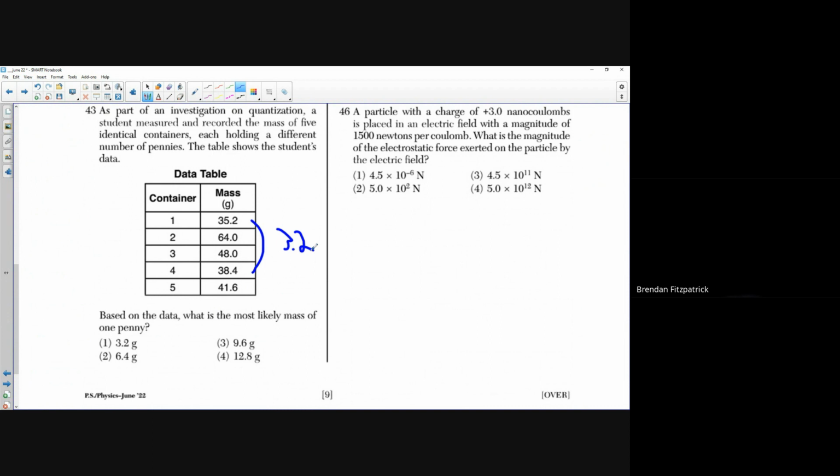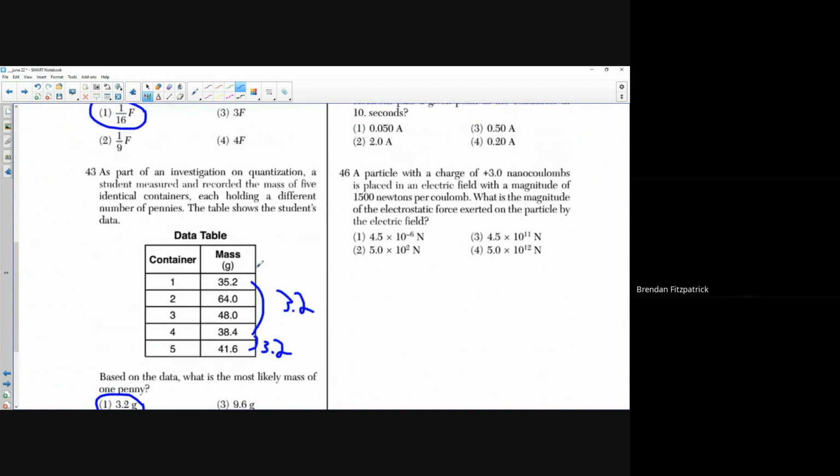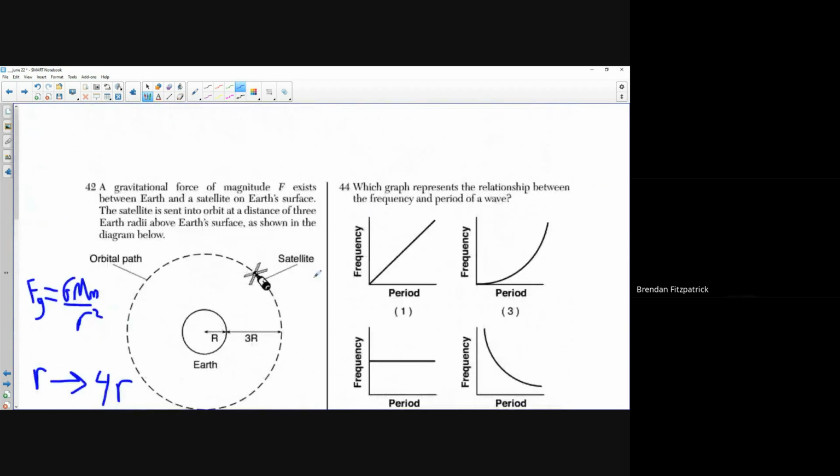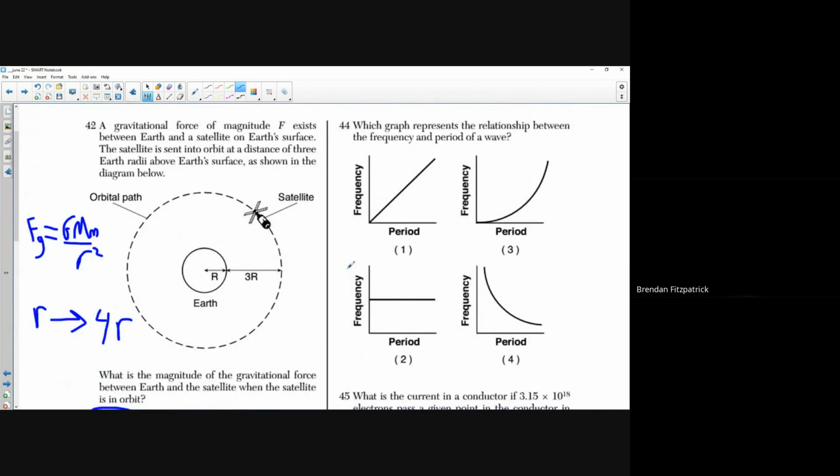You can only have a whole penny. Again, the difference between container 4 and container 5 is 3.2. Because there's no smaller difference between the trials, that is likely the mass of 1 penny, and those containers just differ by 1 penny. It's a weird question. It doesn't really fit in with all the other questions they ask about quantization of charge, but it's a creative question. I'll give them that.